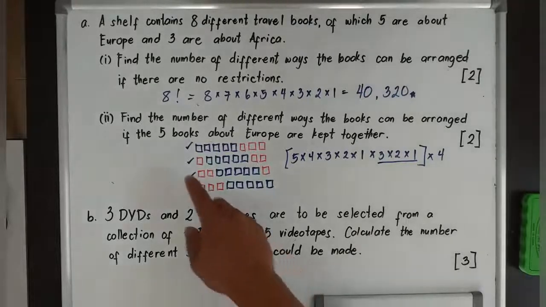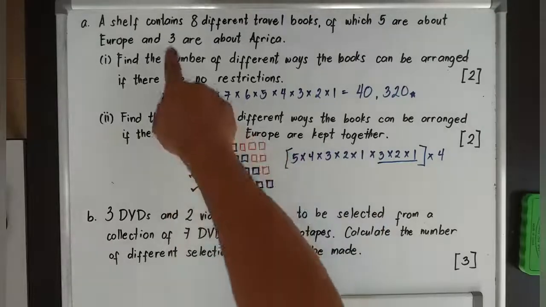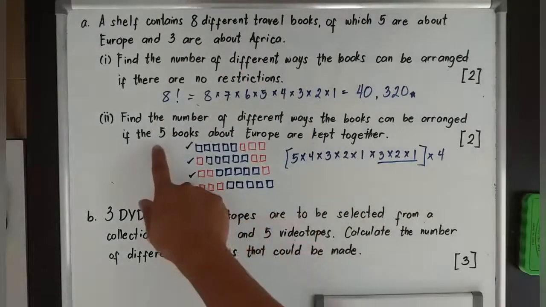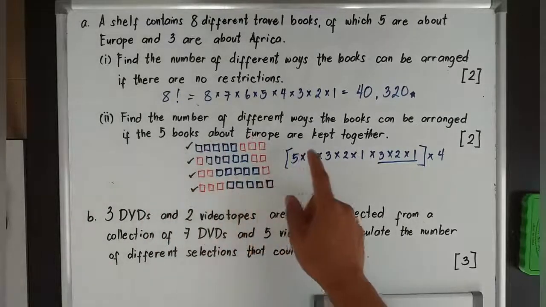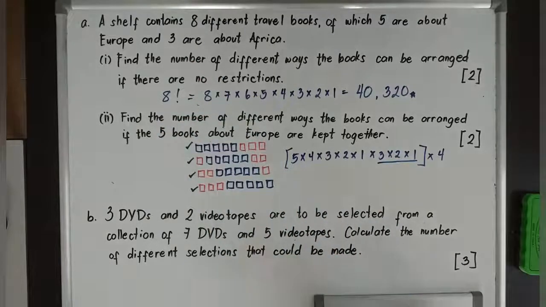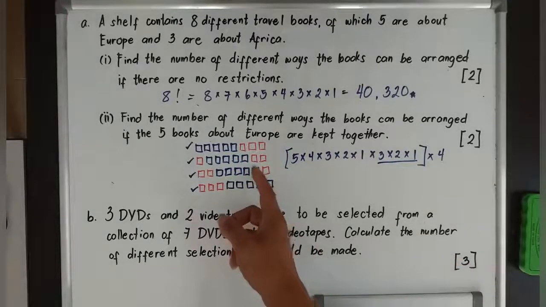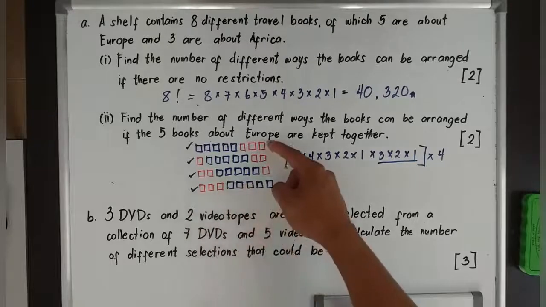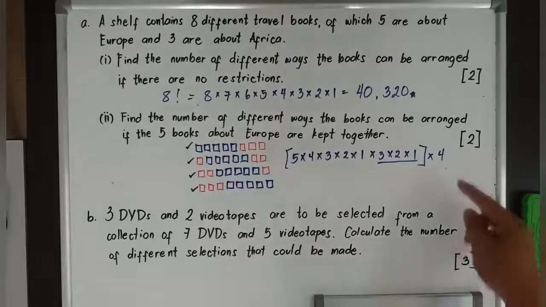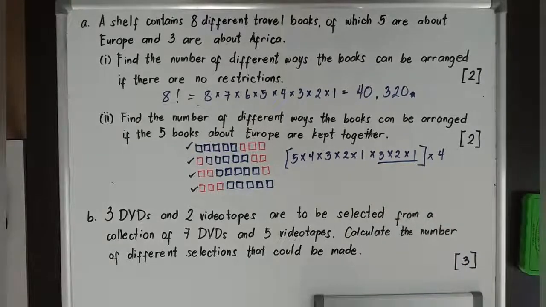I don't have any restriction about those 3 books about Africa. I only have a restriction that says 5 books about Europe are kept together. Okay, it didn't say those 3 books about Africa are supposed to be kept together also. Okay, so therefore, they can be placed into 4 different situations. Thus, I'll multiply it by 4.